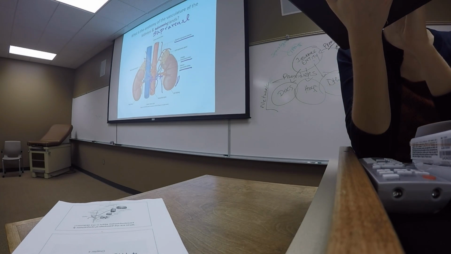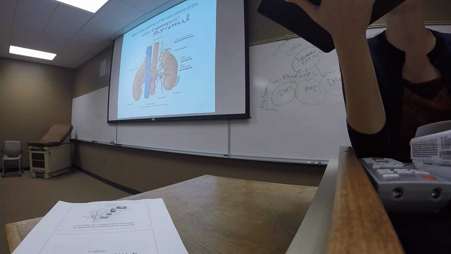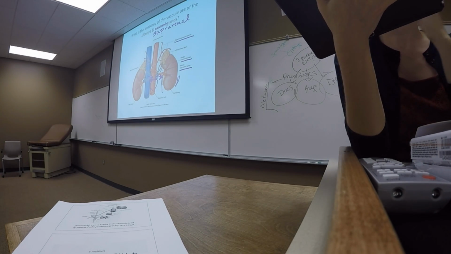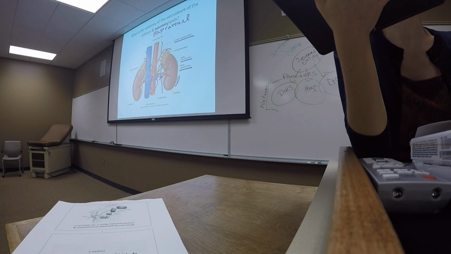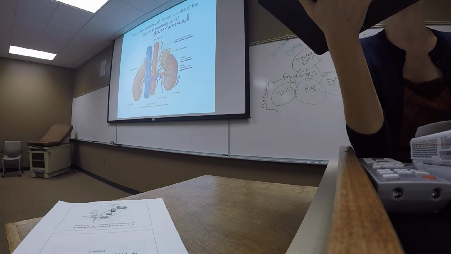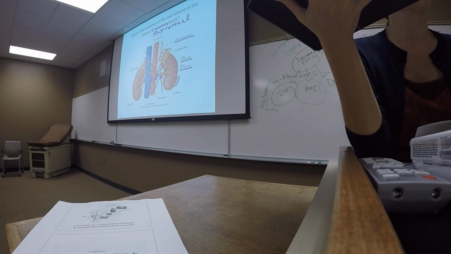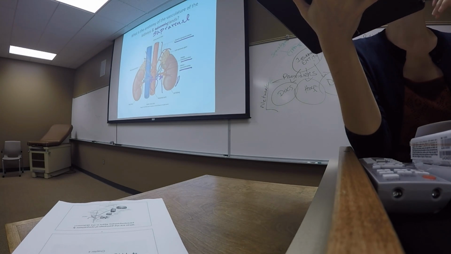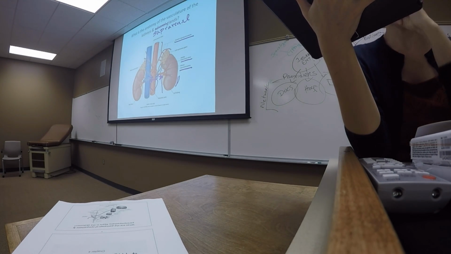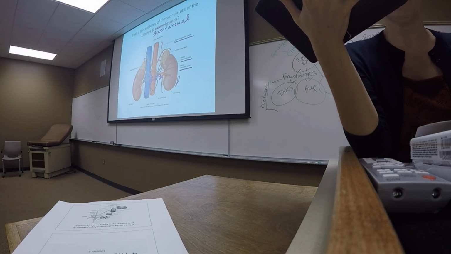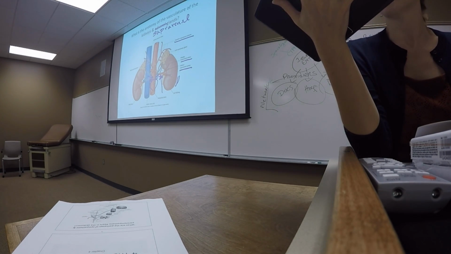So if there is some sort of blockage through atherosclerosis or something like that to the renal artery, blood flow is going to decrease to the kidney, and it's going to detect that as a drop in blood pressure. And so then it will start causing the body to retain more water.